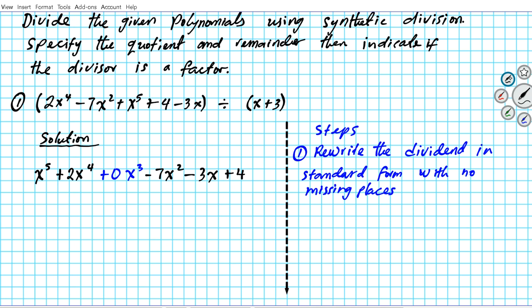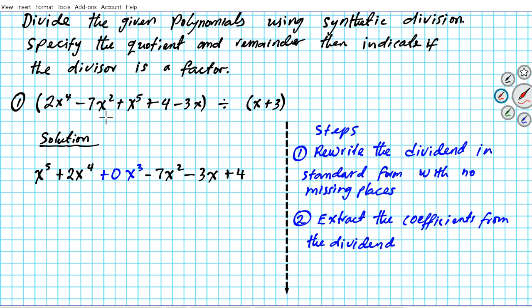Step number 2, we're going to extract the coefficients from the dividend. Let's label these two real quick.